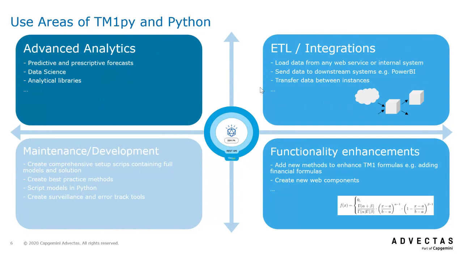Let's say also if you want to send data out of the system of TM1, it will be much easier. For example, if you have Power BI as a front end or one of the other front end tools, it is now possible to directly and live send data from TM1 to these tools, thanks to this TM1 Py and Python integration that TM1 now has.